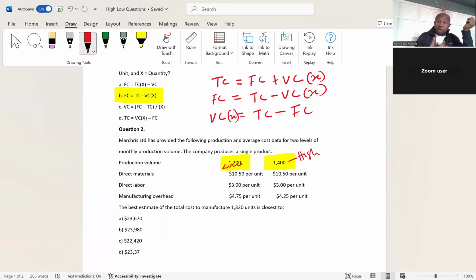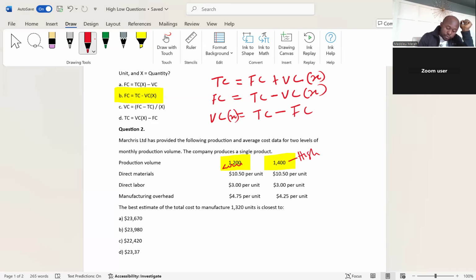So our objective first is to get the total cost per unit, and multiply by the number of units to give the total cost.